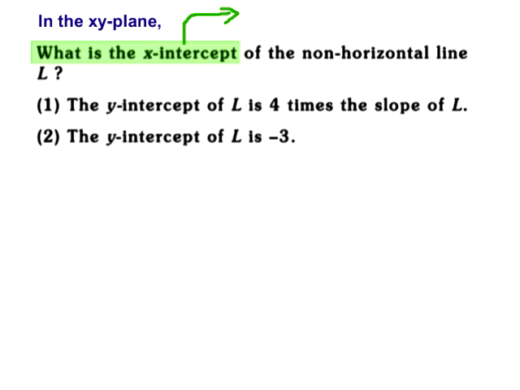So when you see this, that's what you should anticipate. Think, I need to find the x-intercept of the line. I'm not going to find the equation of the line.